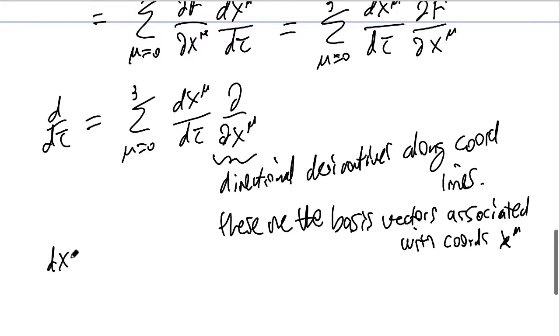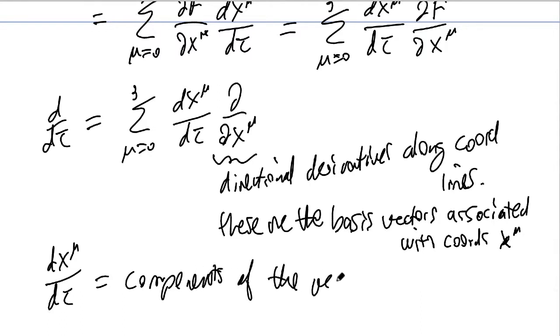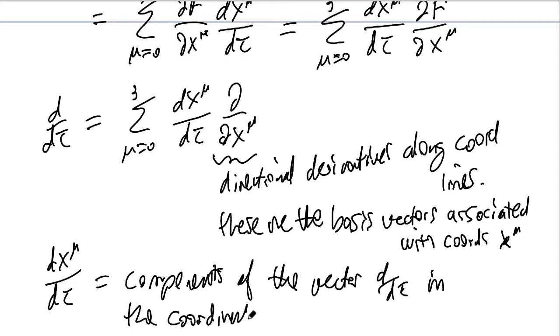So dx mu d tau, these are the components of the vector d by d tau in the coordinate basis d by dx mu, or partial with respect to x mu.